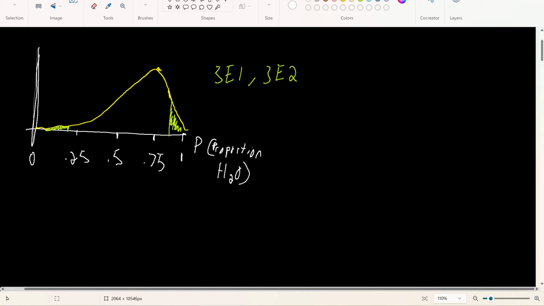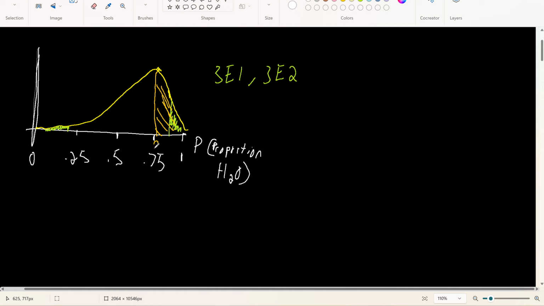Okay, but 3E4 and 3E5 are asking the inverse. 3E5 asks, okay, I know that 80% of the probability mass lies above a value. So it gives us this orange value, and it asks us, what value of p is that?